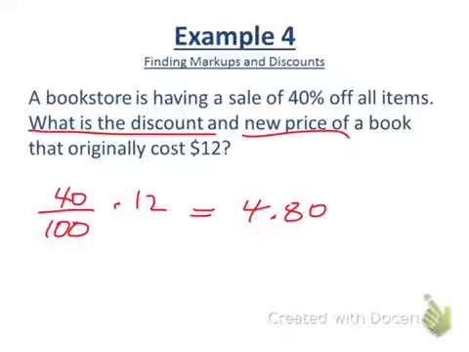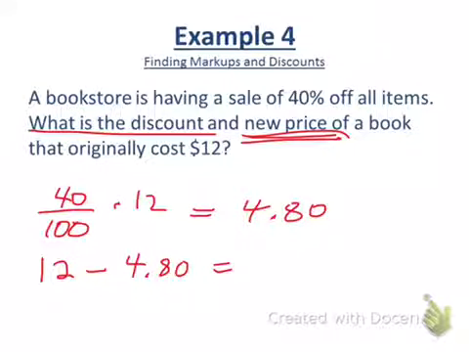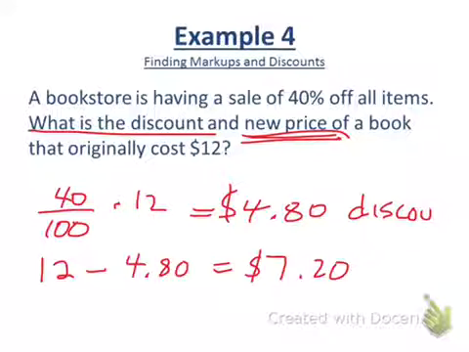Now the new price, the discount price, is another way to ask for that. The discounted price is going to be $12 minus the discount amount. 12 minus 4.80 is $7.20. So $4.80 is the discount, and then $7.20 is the new price, or we could call it the discounted price.